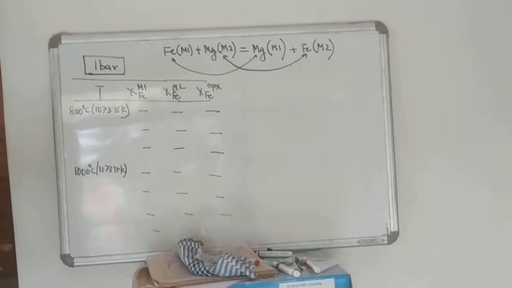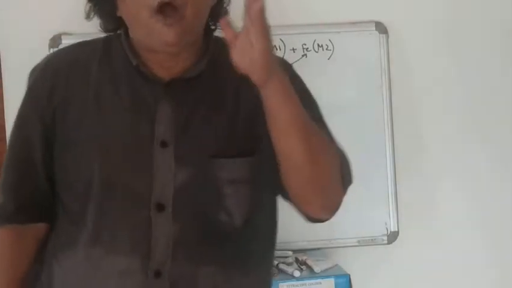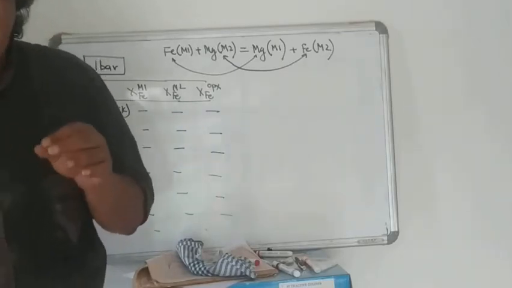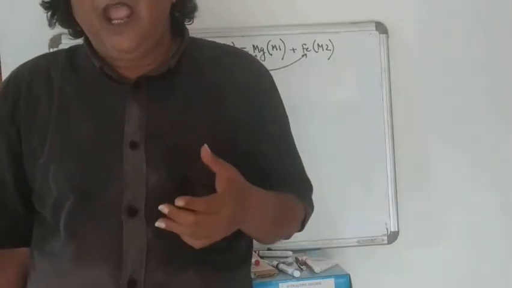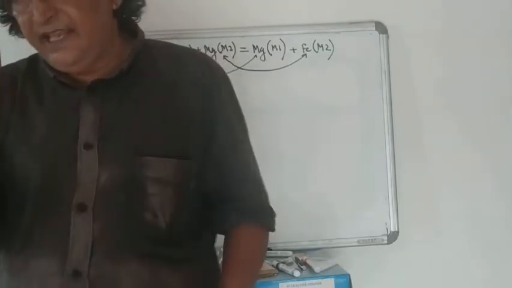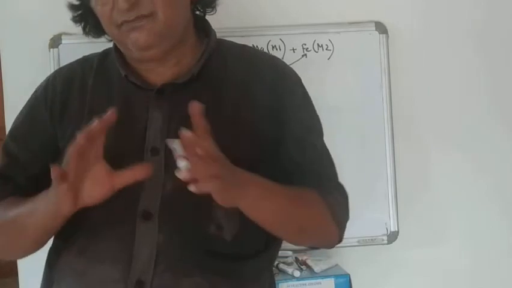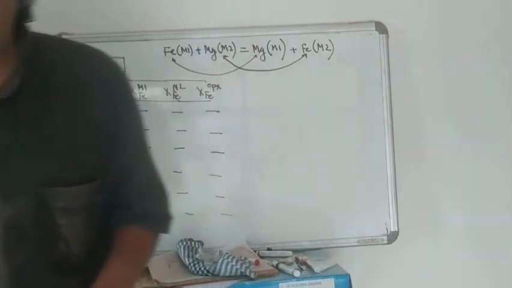So this type of experiments they have done in a range starting from 600 degrees centigrade, where the experiments are fewer and less accurate, because as the temperature decreases, this exchange or diffusion of iron magnesium becomes sluggish. So what happens sometimes, equilibrium is not established.